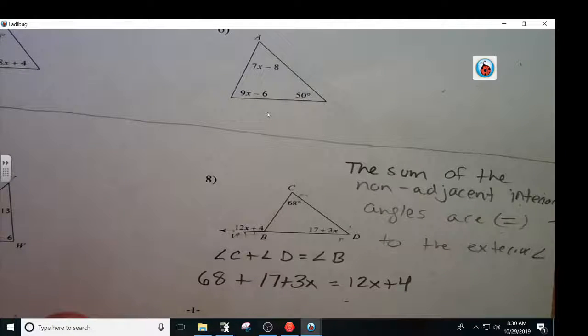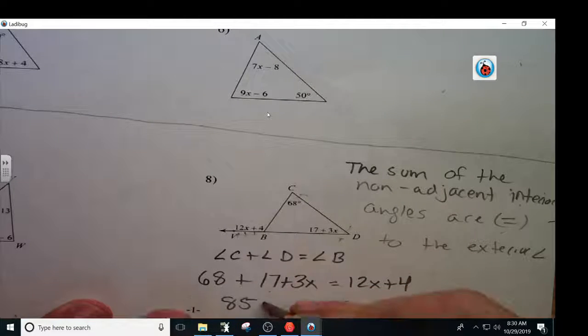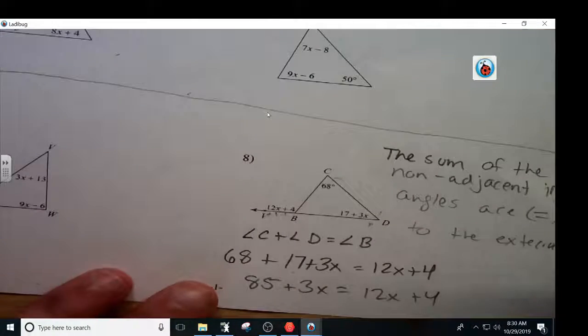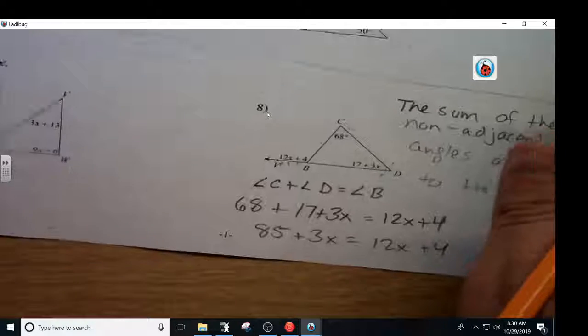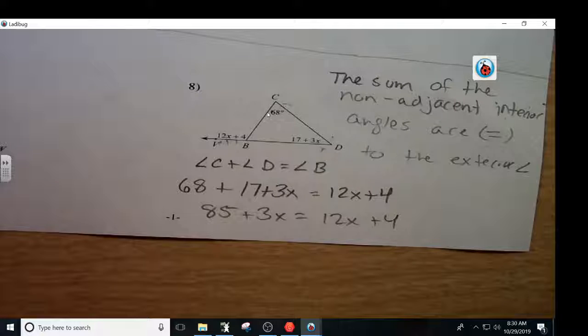Now, all we're going to do is combine our like terms. 68 plus 17, that's 85, plus 3x equals 12x plus 4. All right, now, I'm going to get my x's on one side, constants on the other.